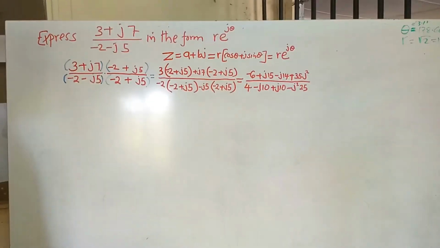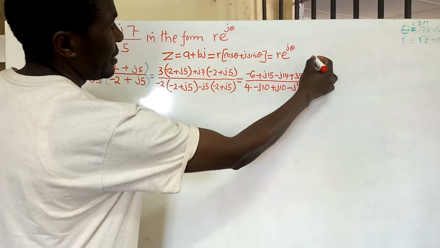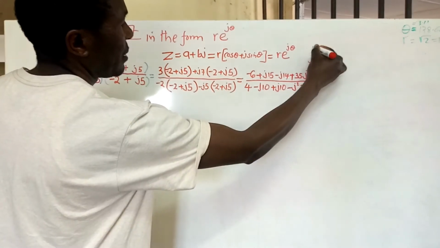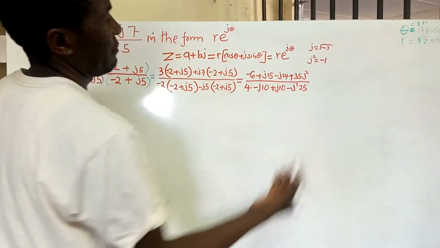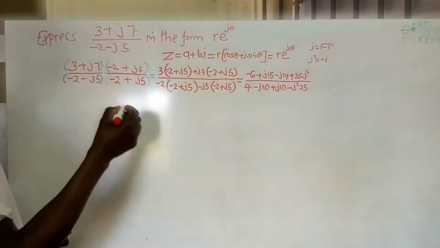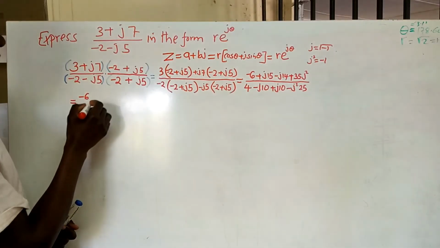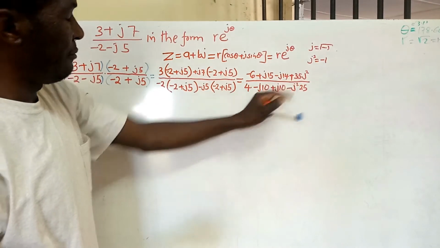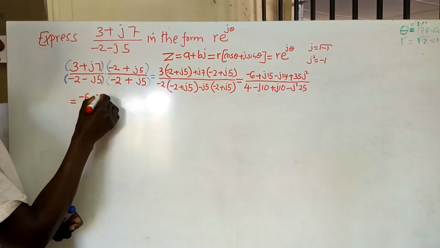Okay. Put like terms together and remember one thing, that j squared by definition is -1, because j from definition is the square root of -1. Now use that and substitute wherever there is j squared. So this gives us -6. If you multiply here j squared by 35, it becomes -35.